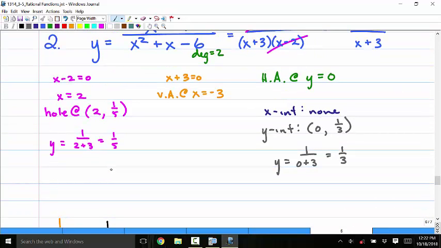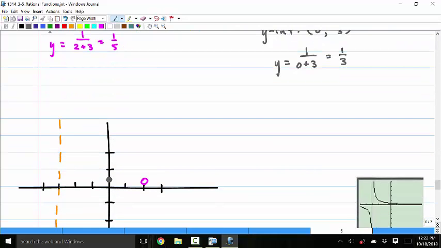Horizontal asymptote at y equals 0. If I look at the graph on my calculator, I can make a quick sketch that looks like that.